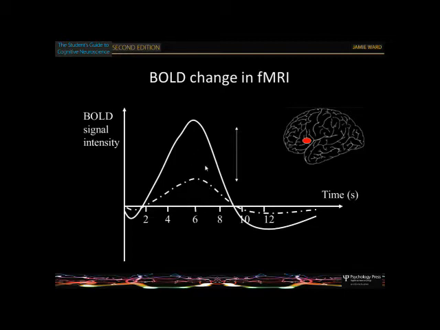You measure the peak or the area under this curve and do a t-test on it and say, is this thing here much bigger than that thing there? And if the answer is yes, you say that that part of the brain is responding significantly more to faces than to houses. And then on the computer screen, you colour that part of the brain according to how big your p-value or your t-value is and so on.